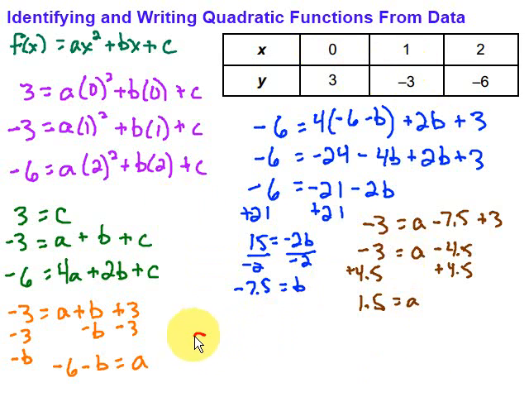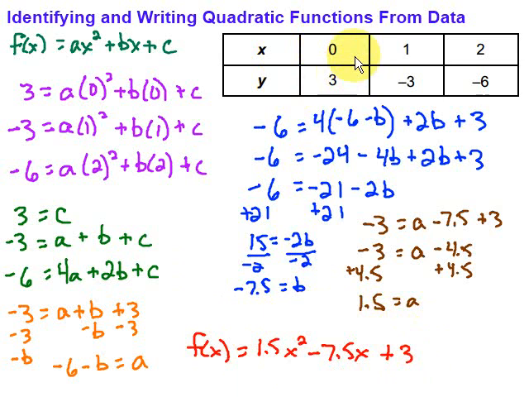So it's going to be f of x is equal to a, which we found to be 1.5, x squared, then b, here's my b, negative 7.5x, and finally my c, which is 3, so plus 3, and there it is. This function right here, if I were to graph that, would go through these 3 points.